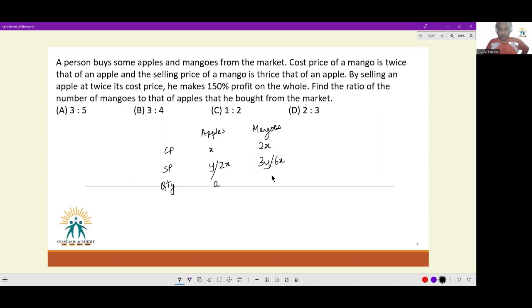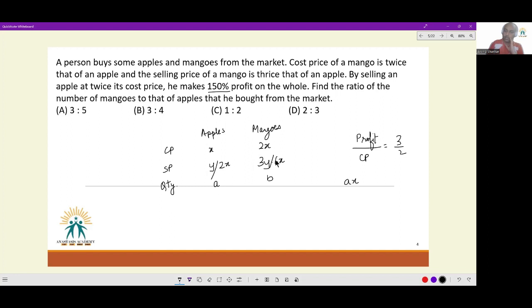Now for the quantity, I am taking the ratio, the quantity I am taking A and B. Now 150% profit on the whole basically means profit by CP should be equal to 3 by 2. Now what is the profit earned here? Per apple the profit earned is X, but overall profit earned is AX.